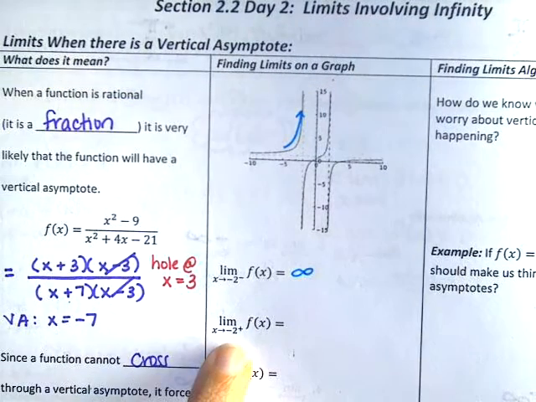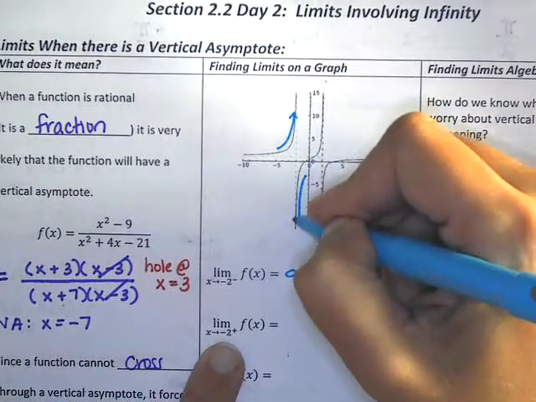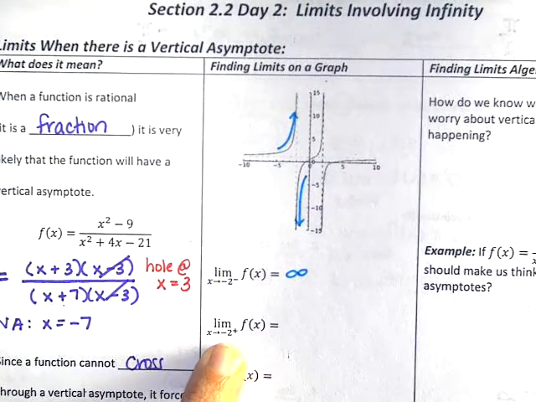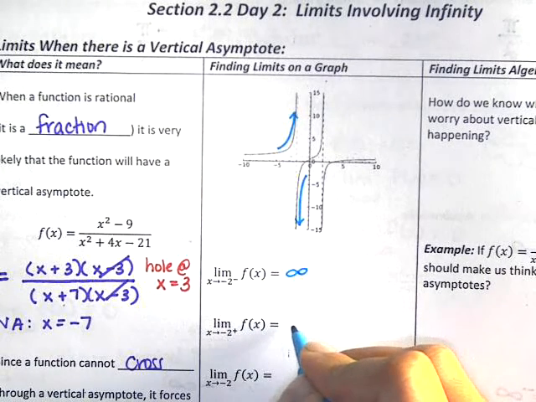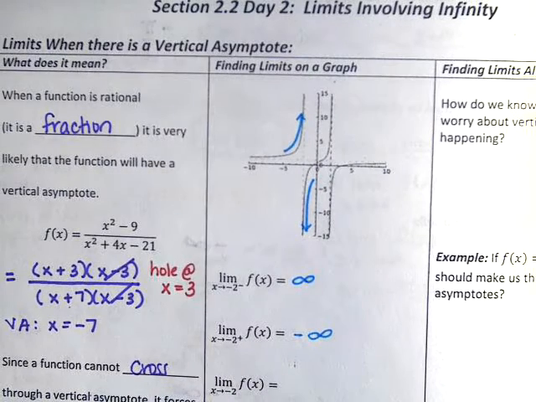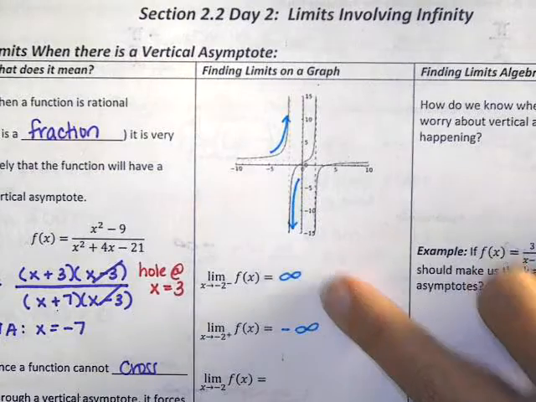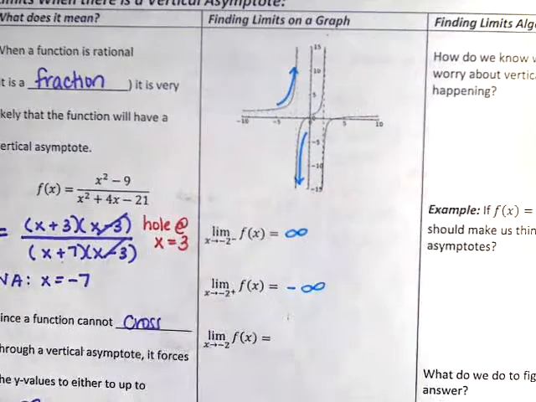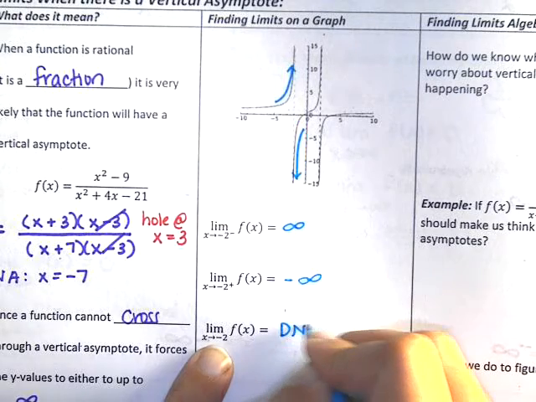When we look at the limit as x approaches negative 2 from the right side, you can see that the limits skyrocket downwards. They sort of sink down. So the y values going down like that means that the limit would be negative infinity. Since those two limits are not the same, since one of them is a positive infinity and one of them is a negative infinity, we would say that the overall limit as x approaches negative 2 does not exist.